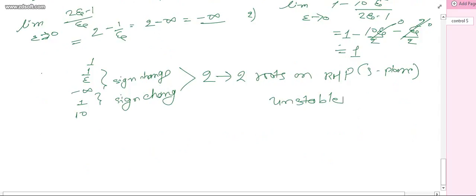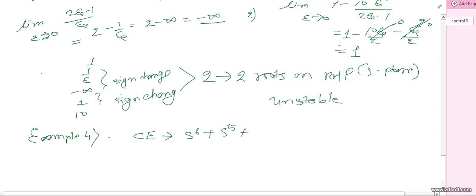Okay, so now let us look at another very beautiful example. This is example number 4, I hope. Again, characteristic equation: s to the power 6 plus s5 plus 5s to the power 4 plus 3s cube plus 2s square minus 4s minus 8 is equal to 0.